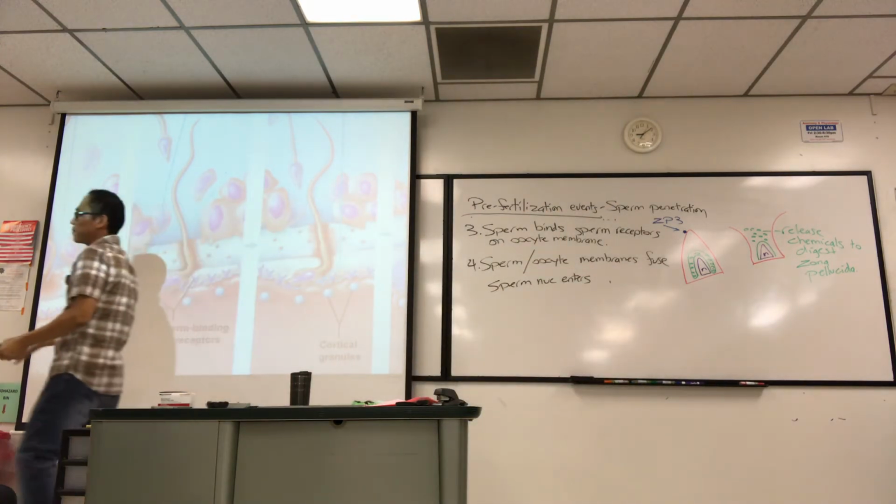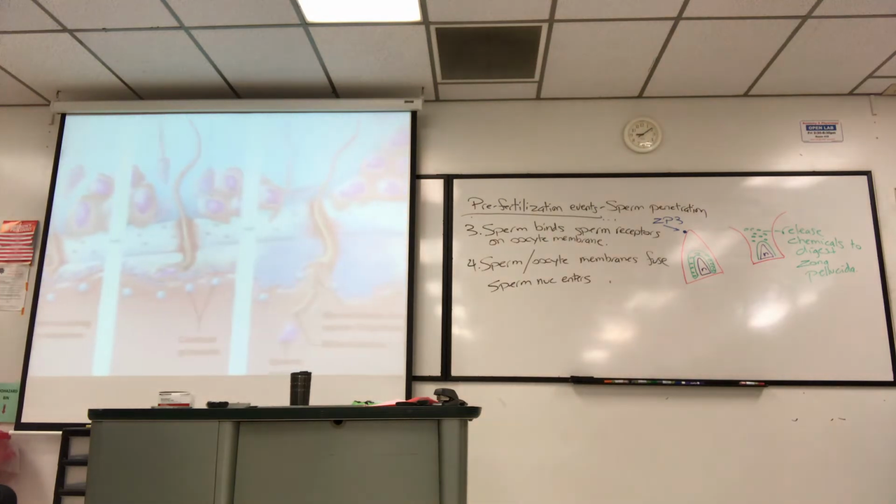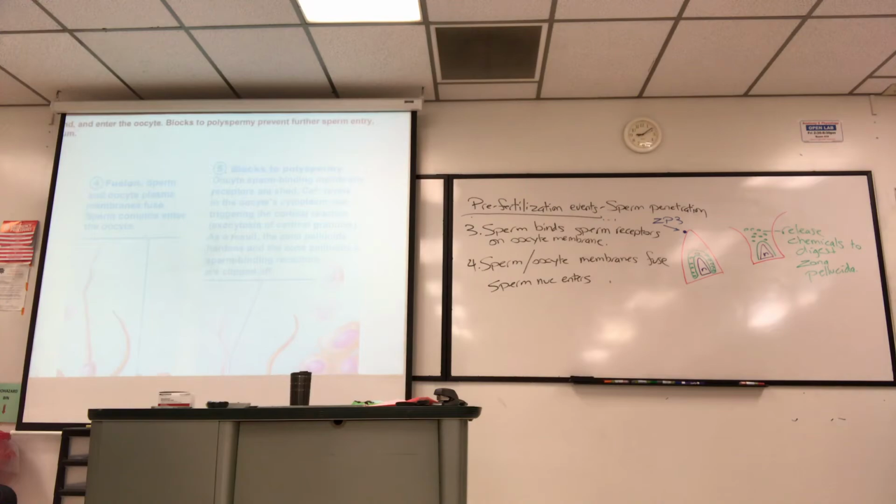So when this happens, a very important event happens by the oocyte immediately. It's called a block to polyspermy. You only want one sperm to fertilize. If more than one get in, you never make it past fertilization. You never make it to the first cell division of the baby. So this is very important. As soon as sperm gets in, gets the nucleus, you block polyspermy. You block the other sperm from getting in.